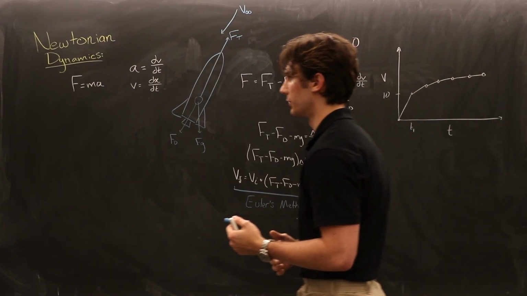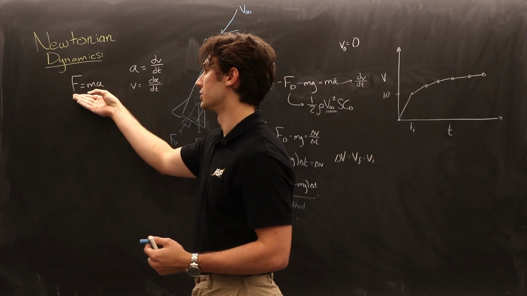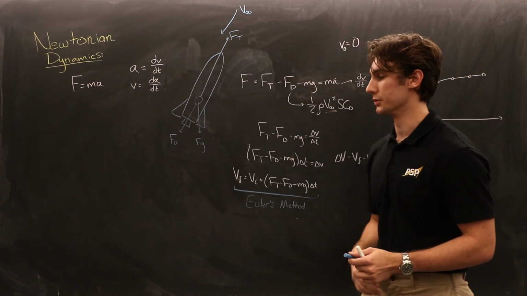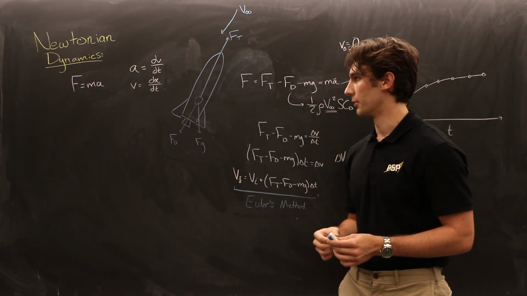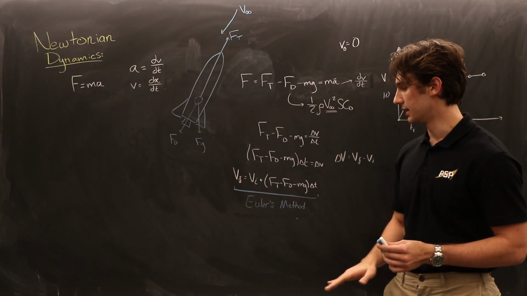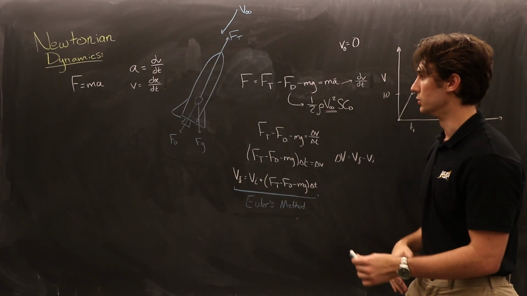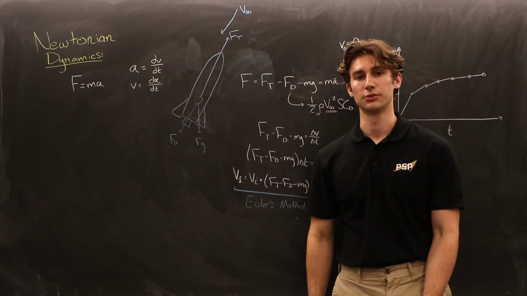Additionally, in the future we'll talk about some more governing equations other than just F equals ma that we can use for rotational dynamics and other subjects. But as far as today is concerned, the main thing we want to talk about is Euler's method and how we can use this discretization to get an approximate solution to differential equations.